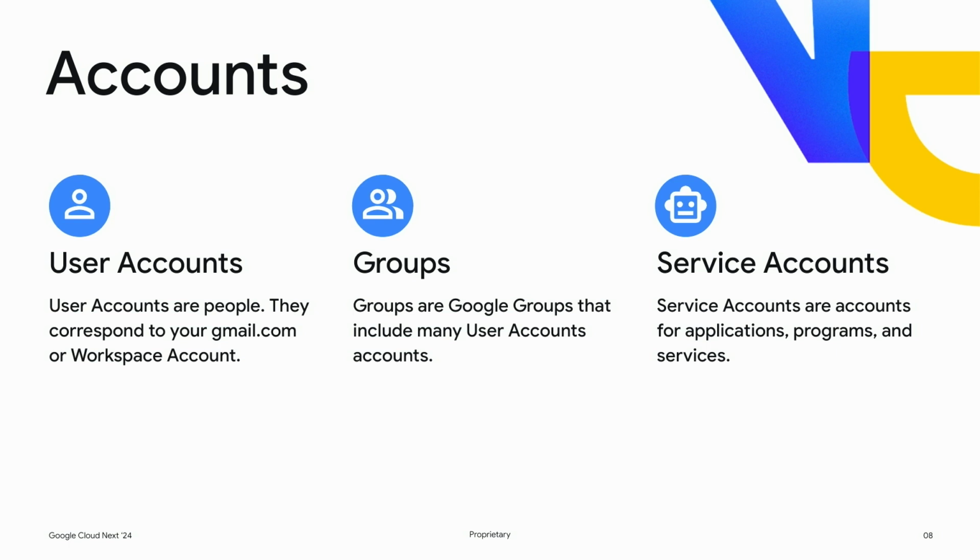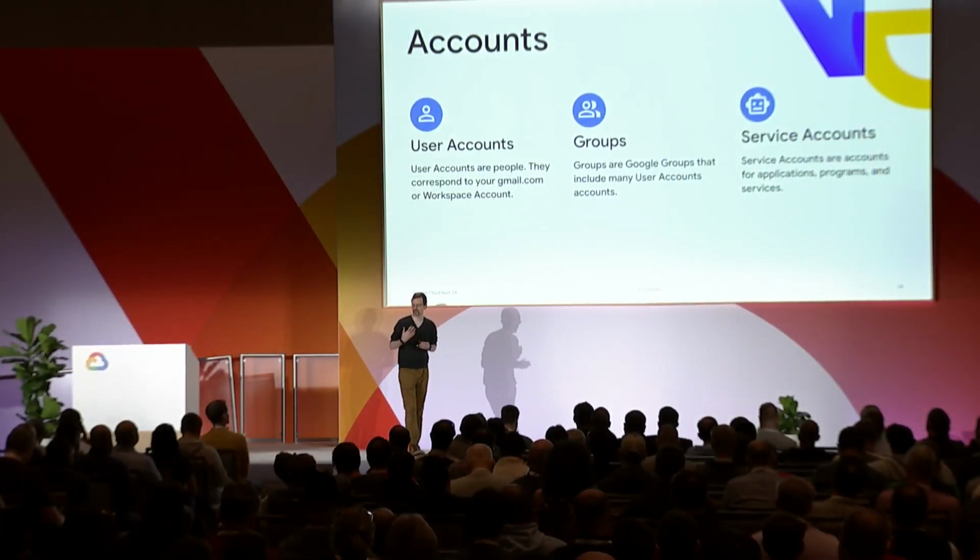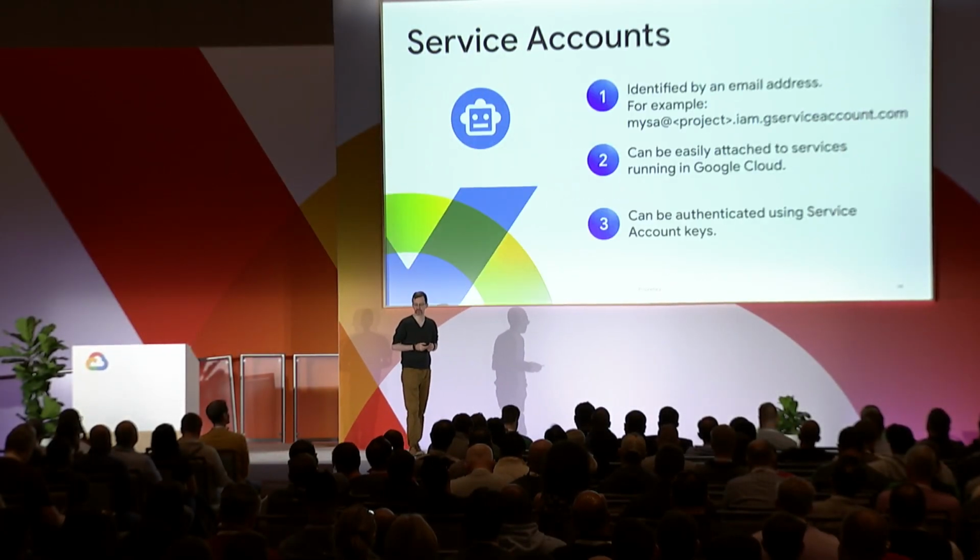An identity within IAM can also be a group, so this can just be a group of users or service accounts, basically a group of other identities that can be thought of itself as an identity. And then finally, service accounts, which are accounts made for applications and services themselves.